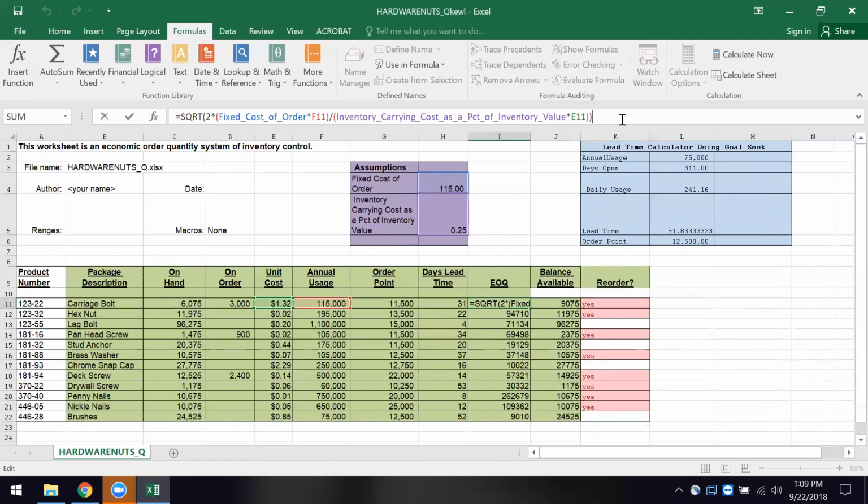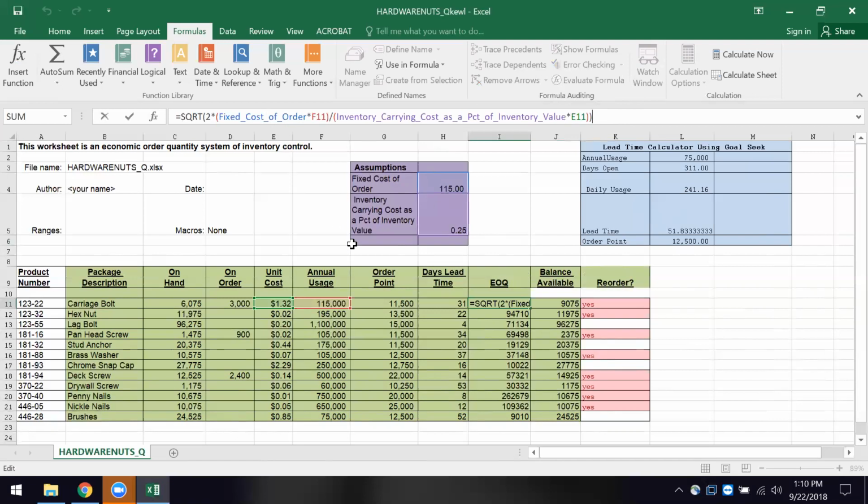Divided by the inventory carrying cost as a percent of inventory value, and you'll see that we've got that defined, times E11, and E11 is the unit cost. So notice that the fixed cost of the order is here. We got the inventory carrying cost, the assumptions, so we cite them.